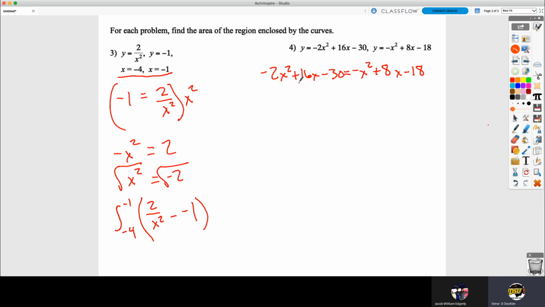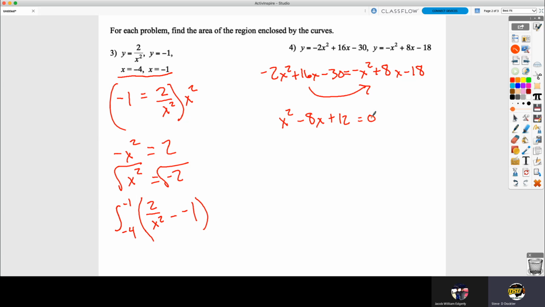I would go so that my x squared is positive. So I'm going to move all this over here. I'm going to add the 2x over, subtract 16x, and then add 30 over. What is that? That's 12. And now that equals 0.